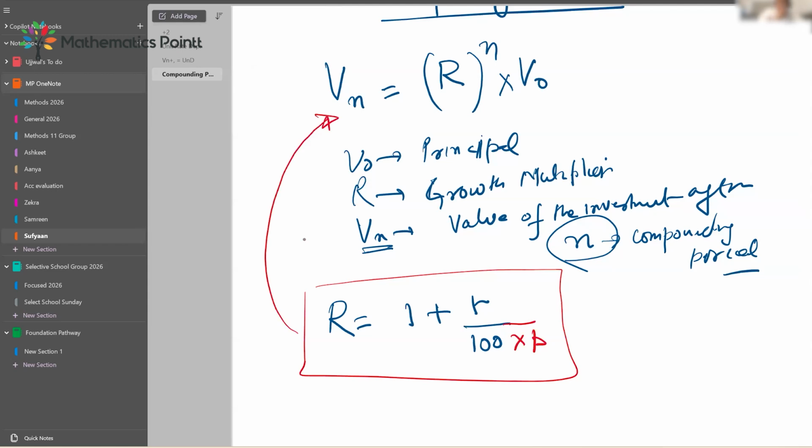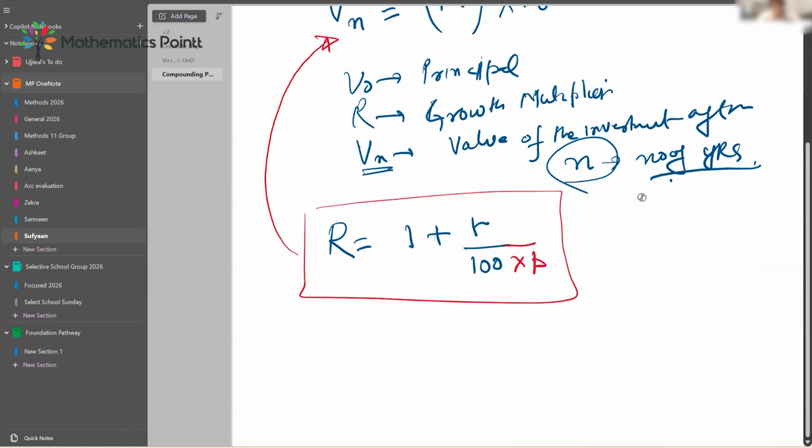For the sake of understanding, I will still say n is the number of years, so that we don't confuse between n and P.